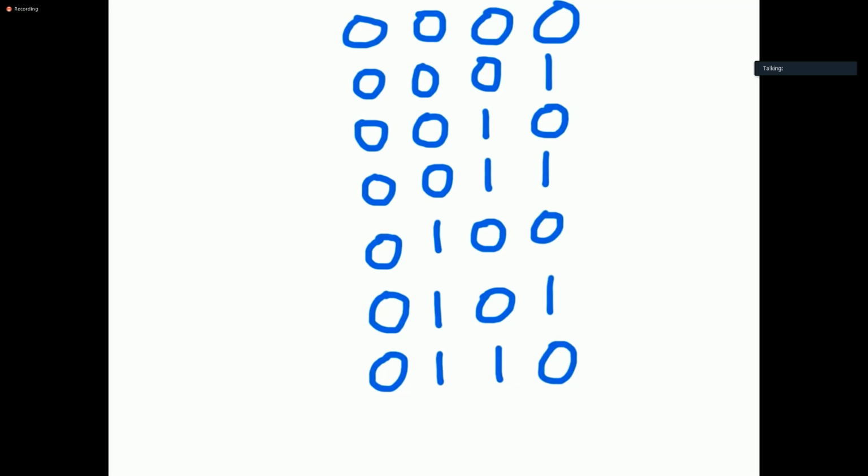Now, notice that there is a pattern developing. If you look at the 1's place, it's always alternating 0, 1, 0, 1, 0, 1, and so on. In the 2's place, it's the exact same thing, except there's 2 zeros and then 2 1s and then 2 zeros and then 2 1s. So the next thing would be a 1 here, following that pattern. And of course, in the 1's place, since it goes 0, 1, 0, the next thing would be a 1 here too. Then in the 4's place, there's 4 zeros, 4 1s, 4 zeros, 4 1s, and so on.